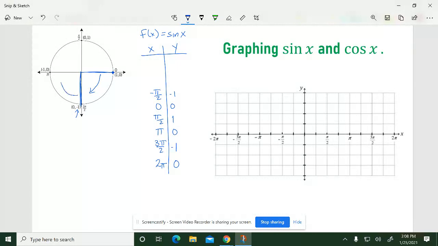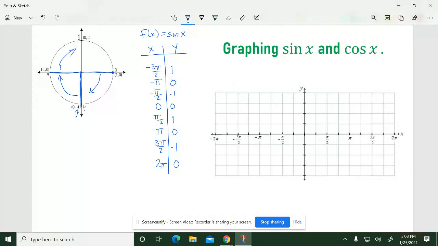If I do negative pi, that's a half turn clockwise, and it puts me at the same place positive pi does. My sine there is 0. And then let's go one more. If I do negative 3 pi over 2, that's the same as positive pi over 2. My sine at that point, the y value of the coordinate, is 1.